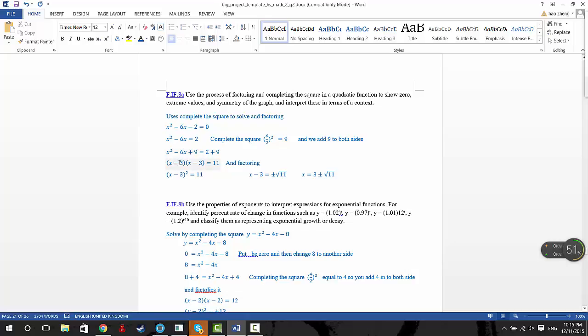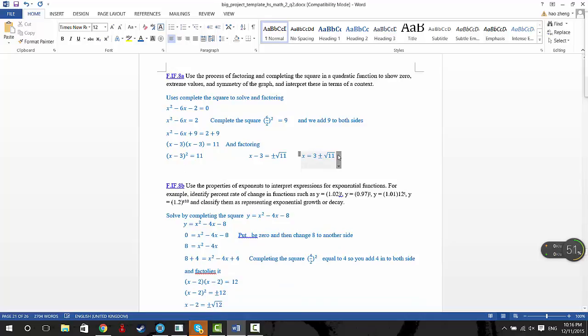You can see negative 3 times negative 3 equals 9, and negative 3 plus negative 3 is negative 6. After that we get this, and we put x on one side, moving negative 3 to the other side. So we get x equals 3 plus or minus the square root of 11. You see, right?